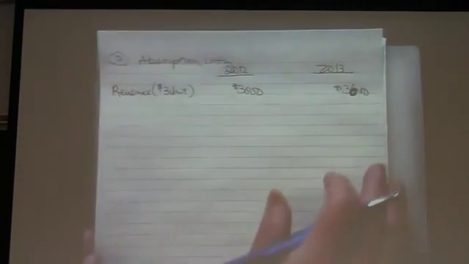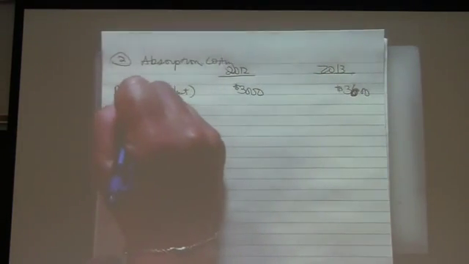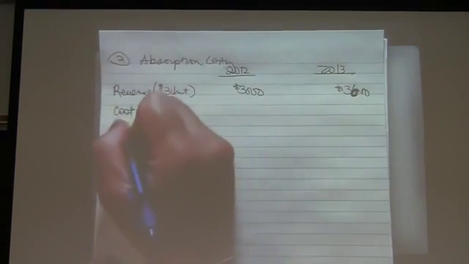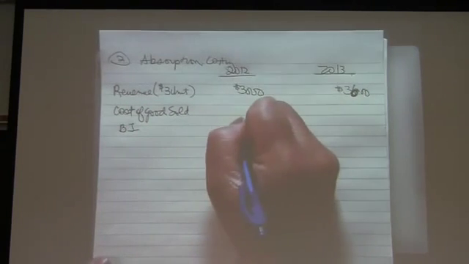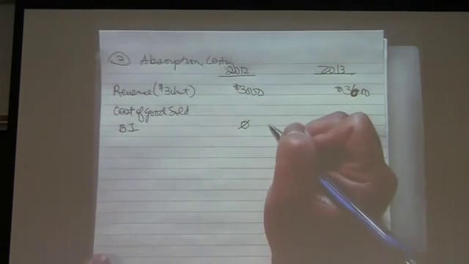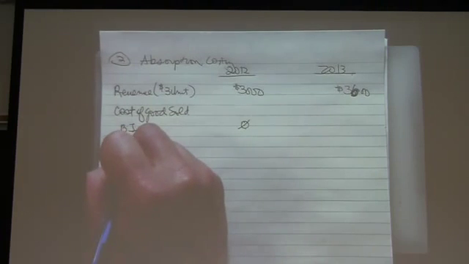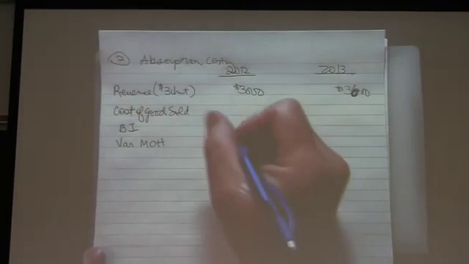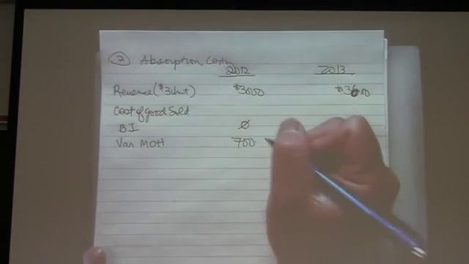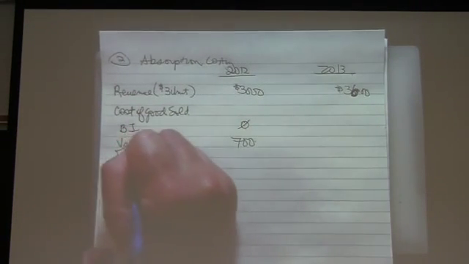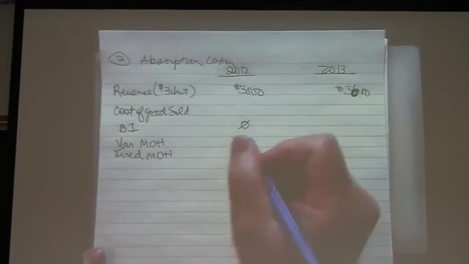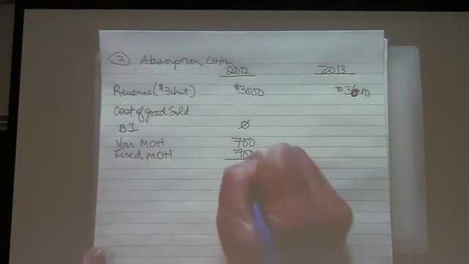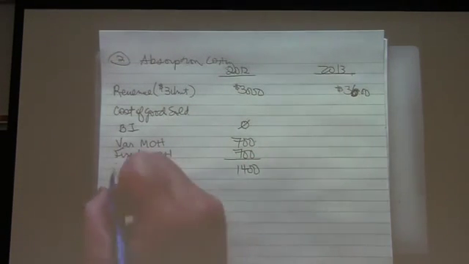Now, cost of goods sold starts with beginning inventory. In this case, it's 0. Variable manufacturing overhead, that's 700. Fixed manufacturing overhead is 700. That gives us 1,400 cost of goods available.